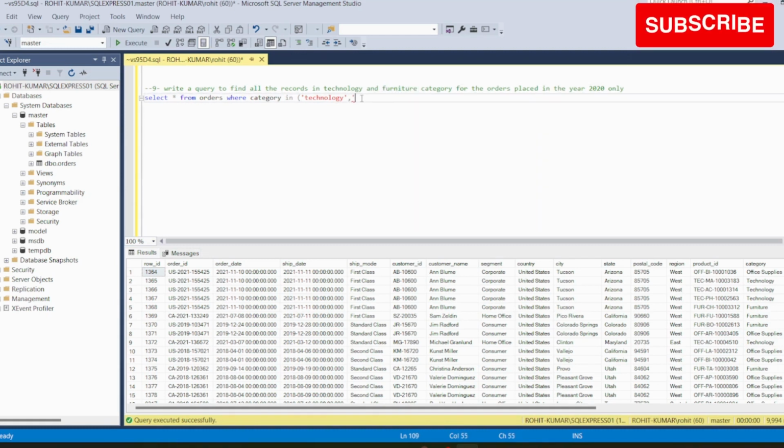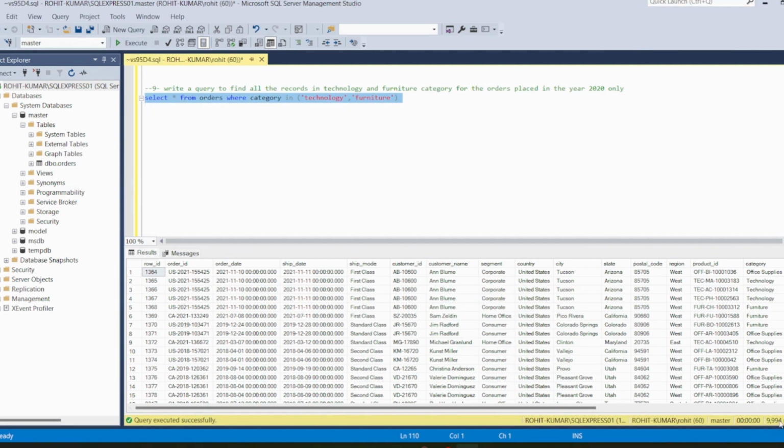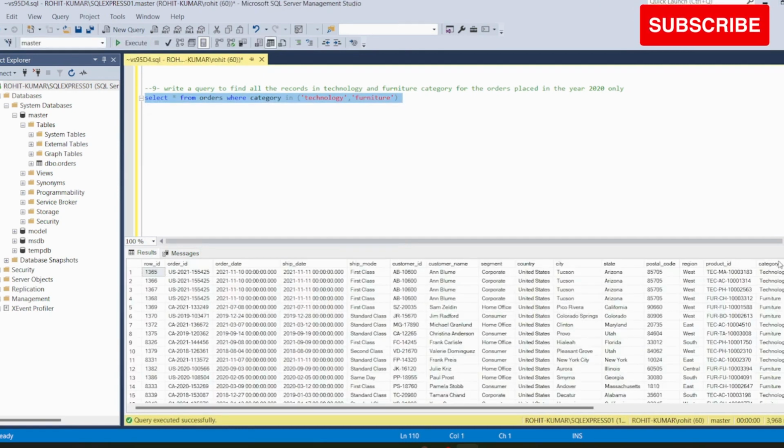These two conditions are fulfilled and we close our bracket. Right now we have a row count of 9994 and categories as office supplies, technology and furniture, as you can see here. Let's run this. After running, you can see the row count reduced to 3964. That means the office supplies category is eliminated, and now the orders which have technology and furniture as category are there.